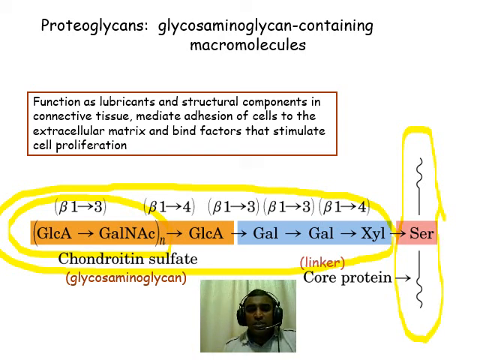And this structure, which is outside of the cell, plays a role having many functions, such as being a lubricant. Therefore, mechanically, the cells are not damaged. And also, it plays a role in stimulating cell proliferation. That means cell growth after the cell has been formed, among other functions.